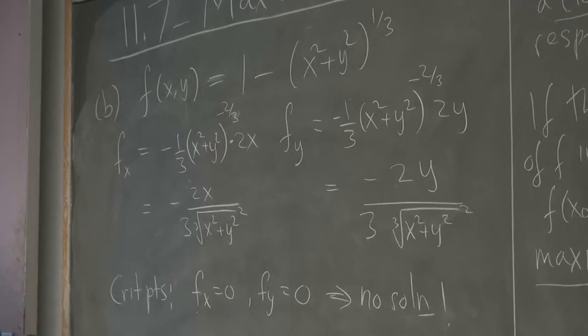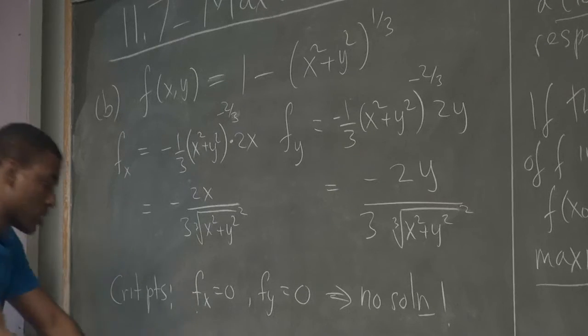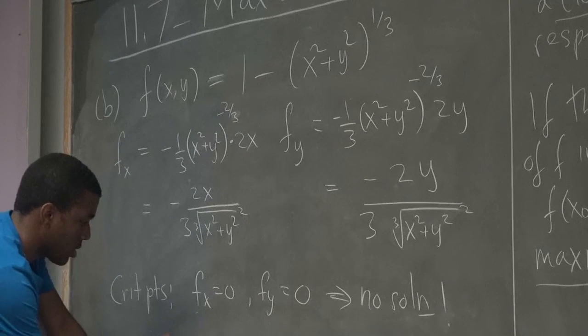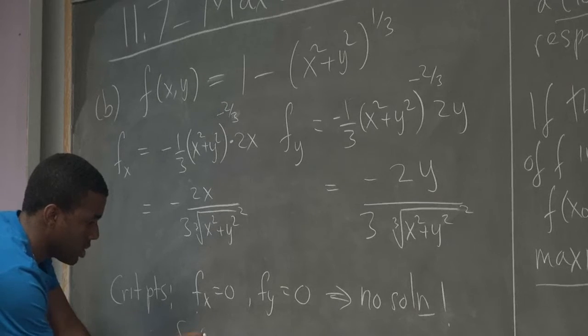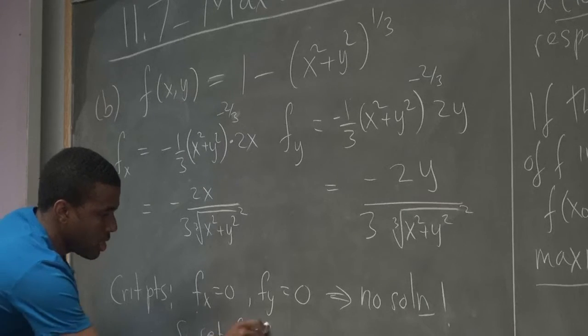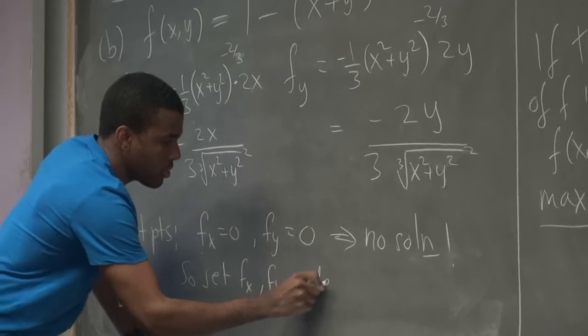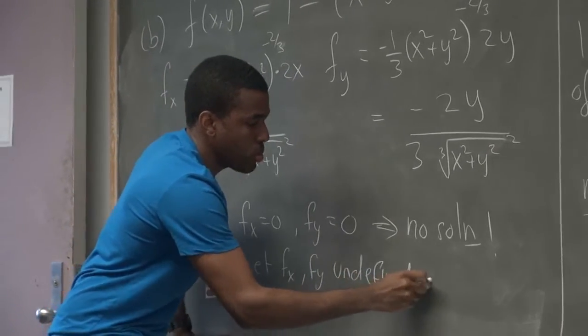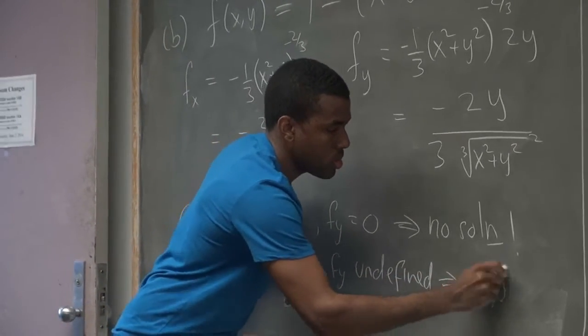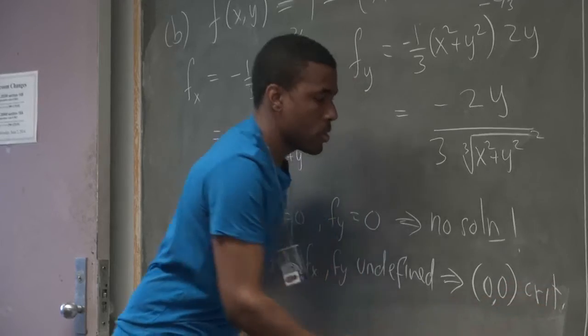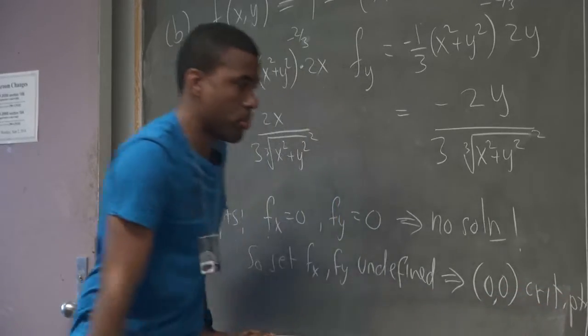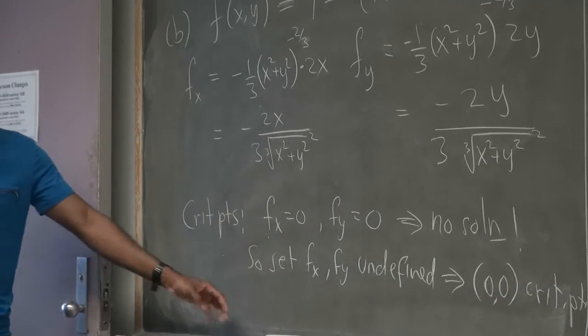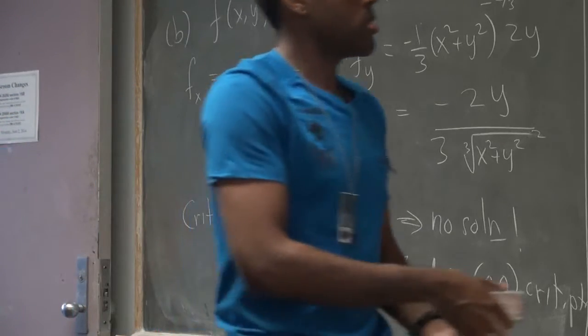Because the denominator is 0 and both are 0 anyway. So set fx, fy to be undefined, and then you find your critical points that way. You get 0, 0 as a critical point. So in this case, the critical point didn't come from them being 0, it came from them being undefined. Just look out for that.